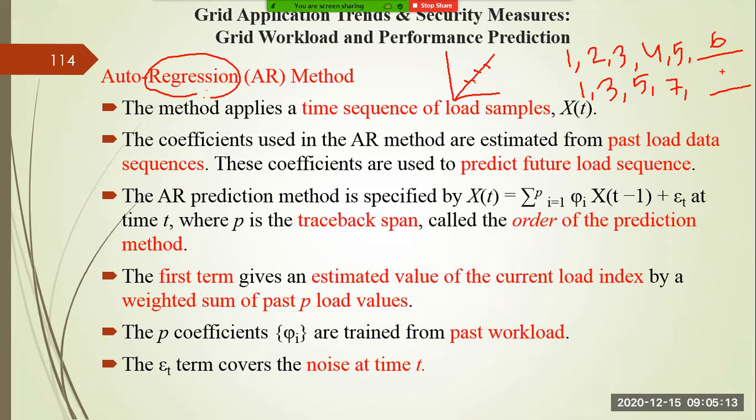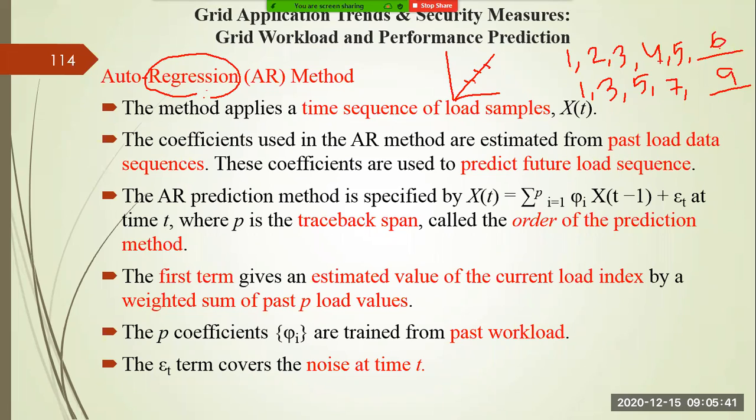You will say 9. How are you saying this? That is based on the past data. You have observed the past data and found that the difference between the numbers is 1, so you expect the next number to be 6. Sometimes it may not be 6. Suppose the next value is 8, then you fail. But based upon the past data, you are doing the prediction.